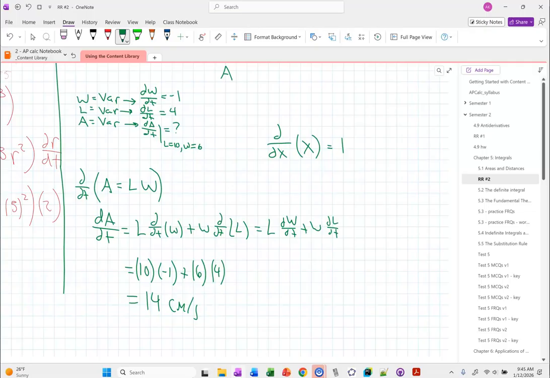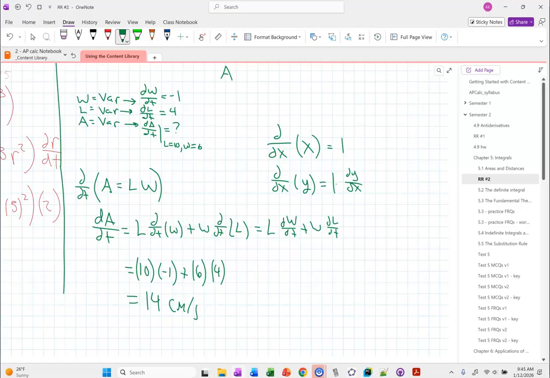If I have d/dx of y, I get 1 times dy/dx, so the derivative of y is 1, and then the chain rule gives me the differential. That's what's happening here. The derivative of W with respect to time is 1, and then the chain rule gives me dW/dt. Good questions.